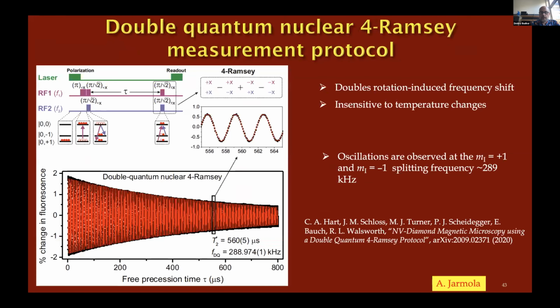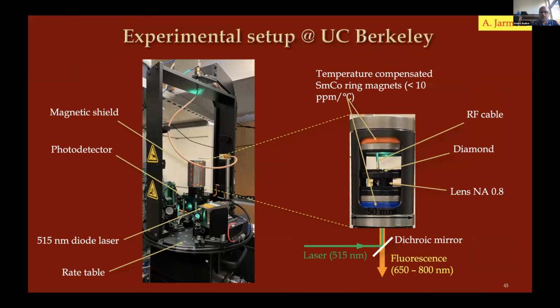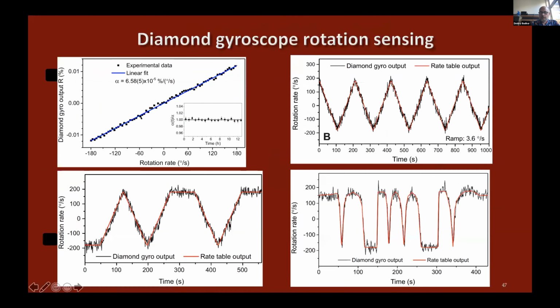I just want to say maybe that this is the picture and this is the rotating platform, and it works, and you can dial how fast the platform is rotating and then read it out with the sensor. And then, if you want to have some fun, you can even write NV with the rotation sensor and then read it out.